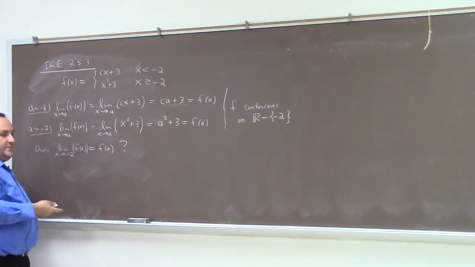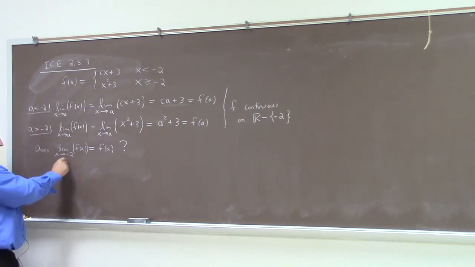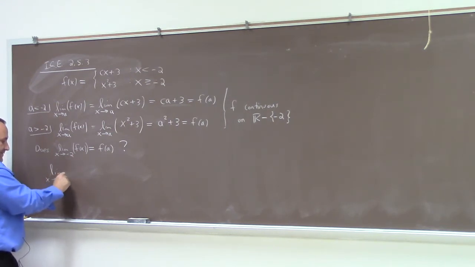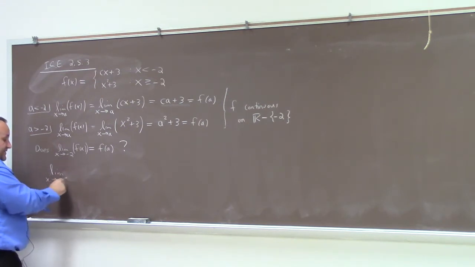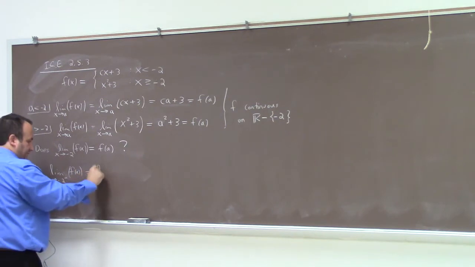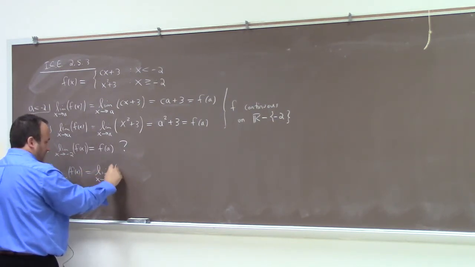What is needed for this double-sided limit to exist? You need the limit as x approaches minus 2 from the left, f of x, to be equal to the limit as x approaches minus 2 from the right, f of x.